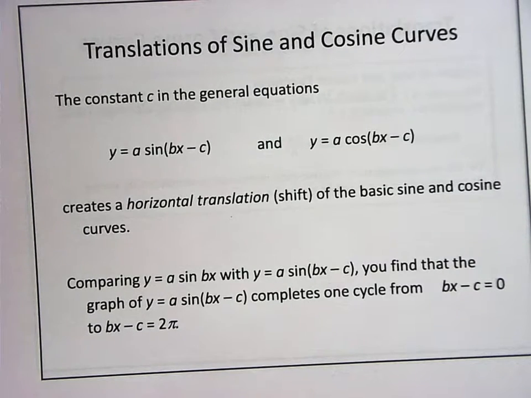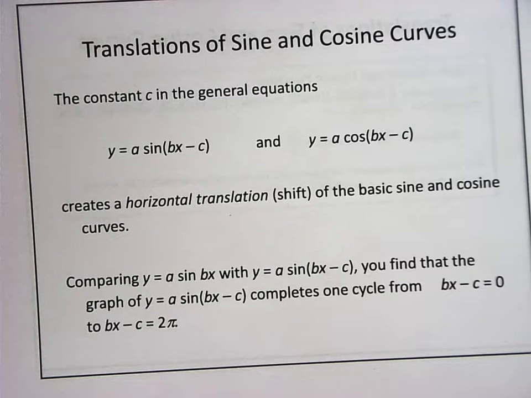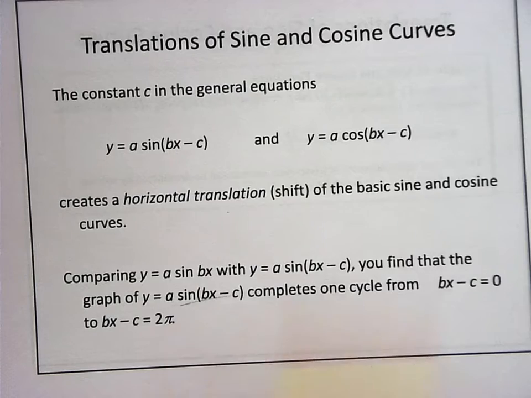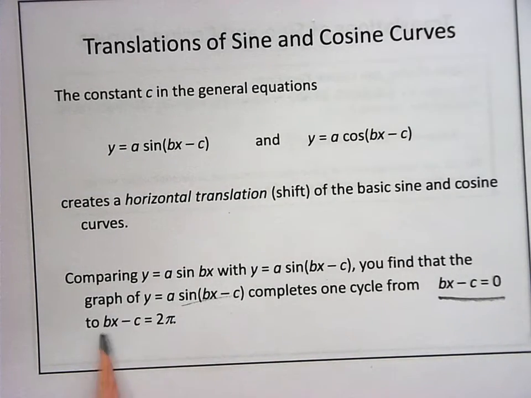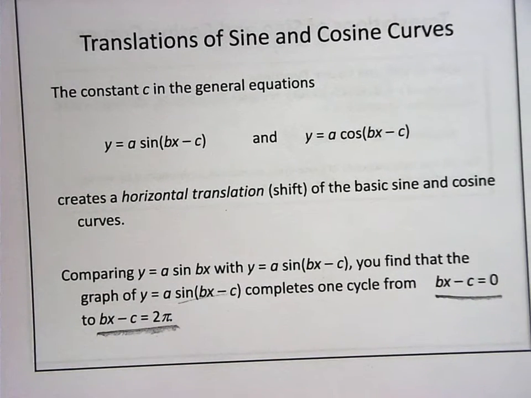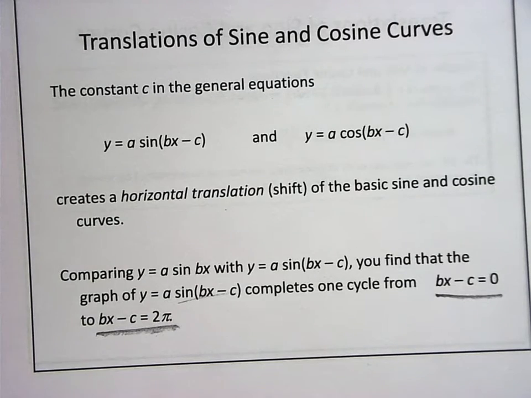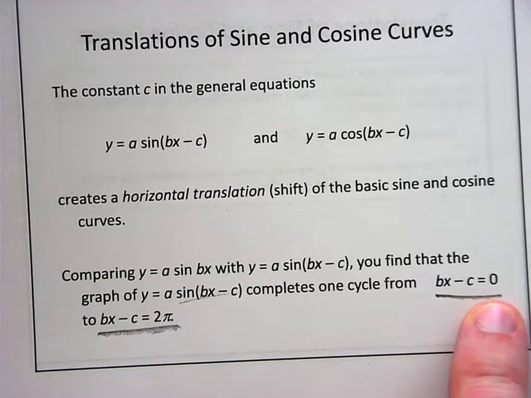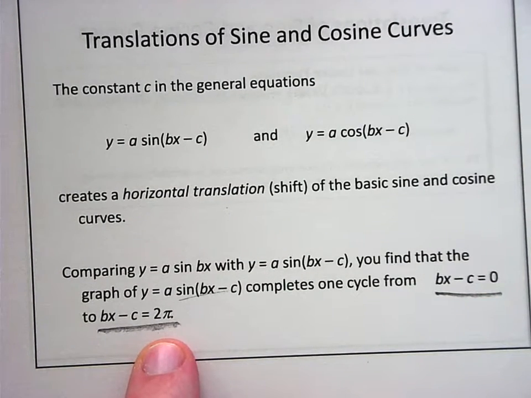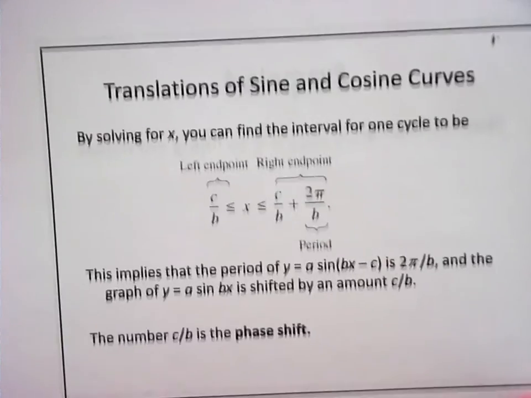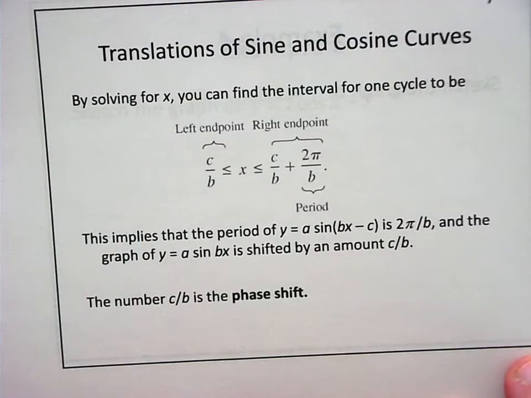So what you're going to do for this is actually use both the B and the C value. Okay. Now what they do here, in the book, I don't usually go through it this way, but it will talk about it. One full cycle runs from when this thing starts at 0 to when it ends up at 2 pi. So what you can do with that is actually solve those for the x.